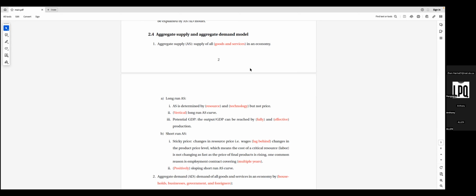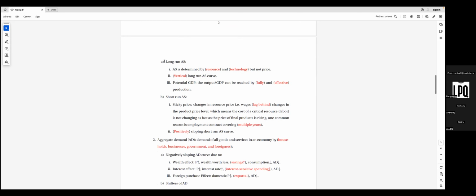As long as those goods and services are produced within Canada, we include them in this graph, in our supply curve. So it's a supply of everything. It's not a supply of only, maybe, apples, bananas, or bubble tea.